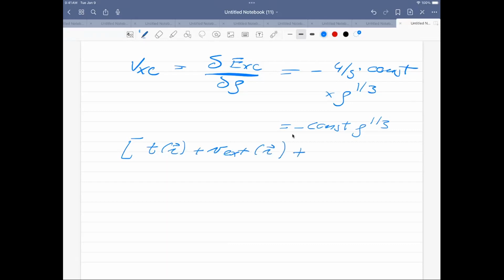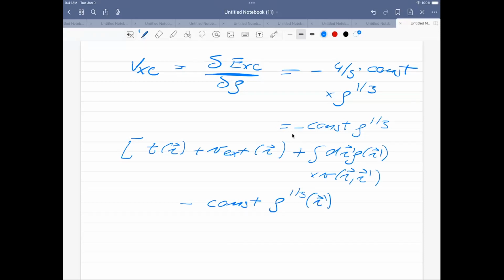I have my direct term, which is simply given by an integral over dr prime, and then I have the density rho of r prime, multiplied with v of r and r prime, plus, or actually minus, this term which goes like a constant times rho to the 1/3 of r, not r prime, but r here, and multiplied with psi of k of r, and this is giving us the epsilon k Kohn-Sham multiplied with psi of k of r here.